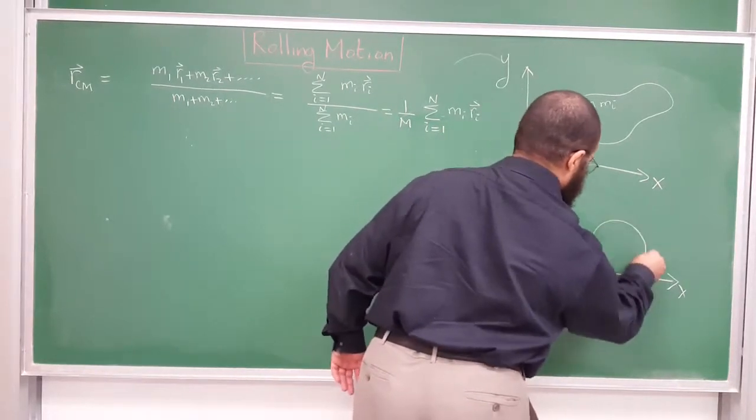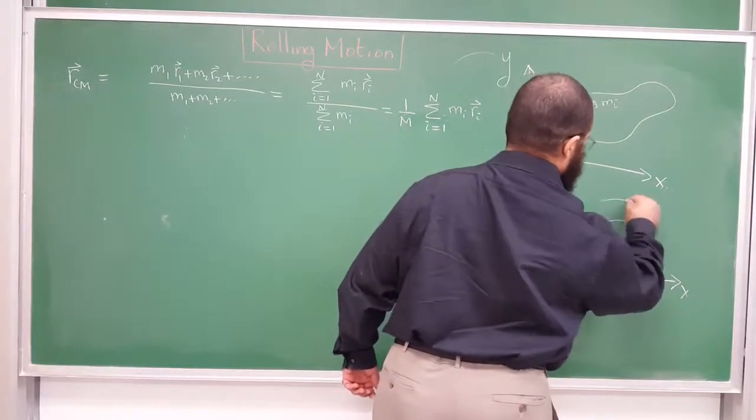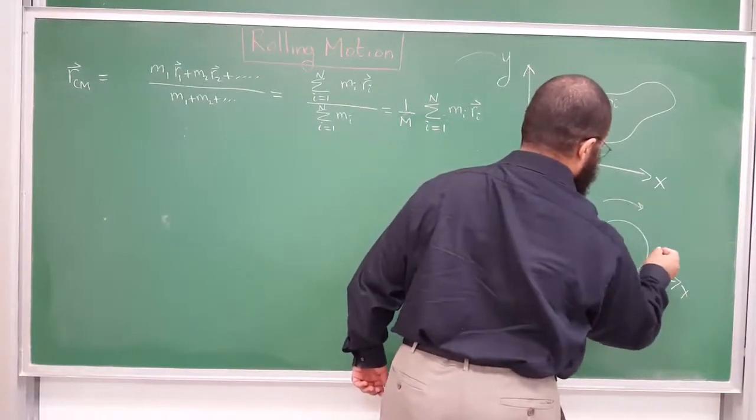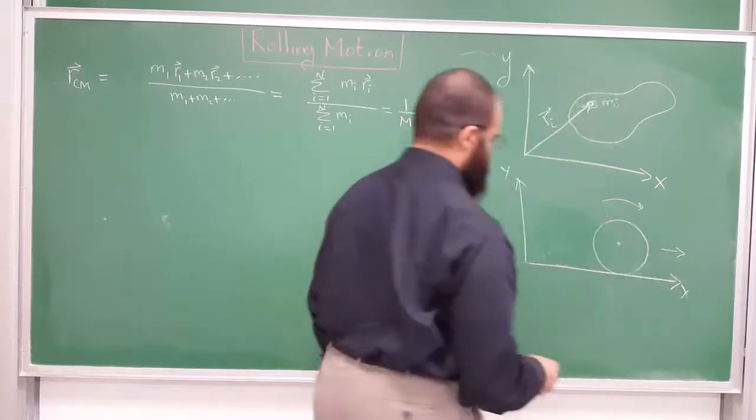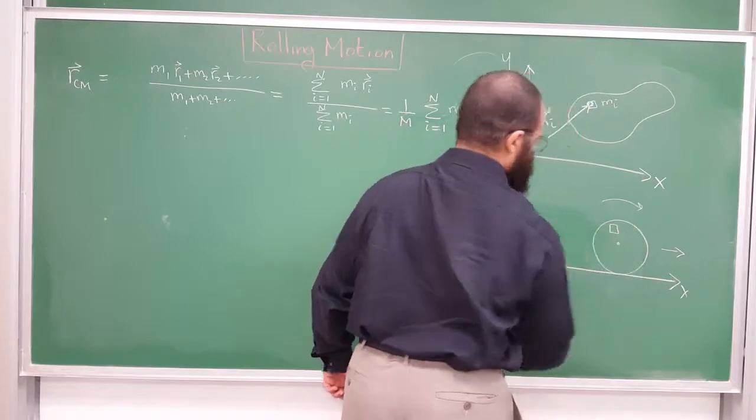Draw it here, and my object is rolling, and it's moving this way. All right. So what's the position of this?